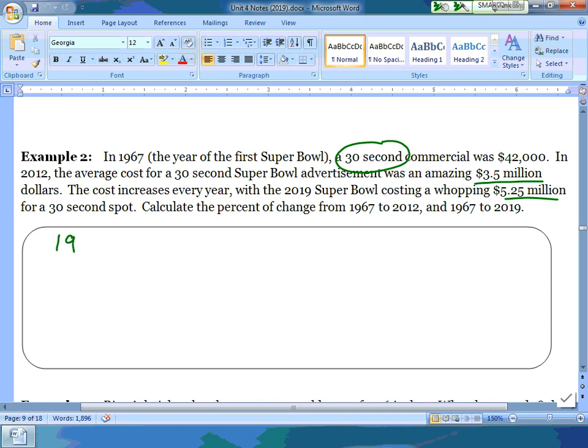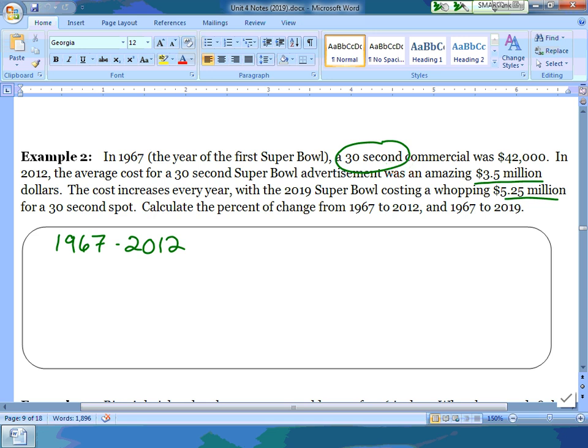So from the very first Super Bowl to 45 years later in 2012, well, we're going to look at the difference and how much has it changed over those 42 years. The original amount in this case is your 42,000, but the difference here, you have 3.5 million, which is 3,500,000.